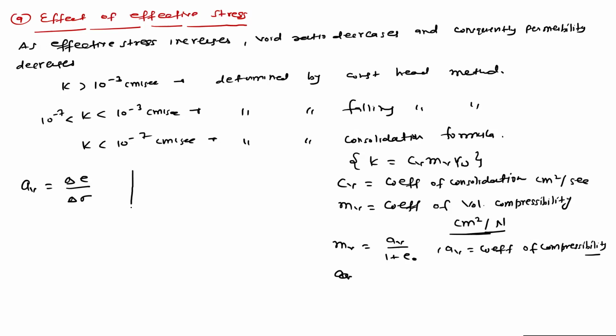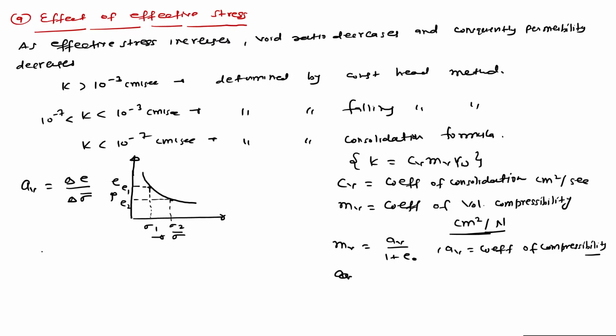Okay, and if you draw the graph for this, that is void ratio e versus sigma, it will look like this. That is sigma 1, e1, sigma 2, e2. So av is equal to delta e by delta sigma, where sigma is the effective stress.